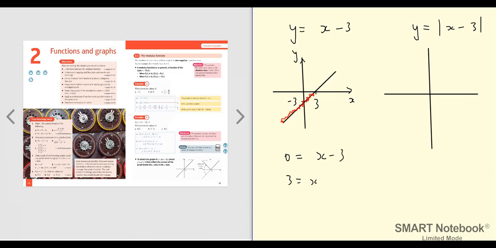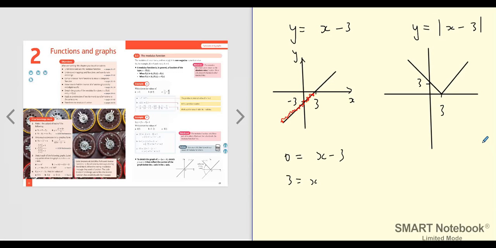So the positive bit remains as it was. And this is 3. Anything that was below the x-axis now gets reflected into it, and we get something that looks like this. What previously the y-intercept was -3, now that has become 3.